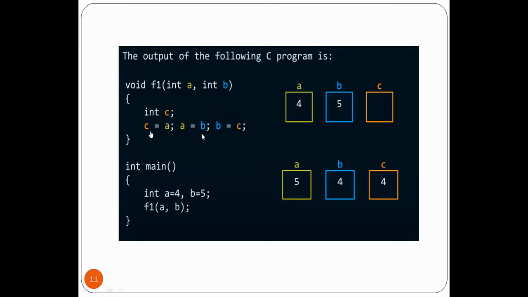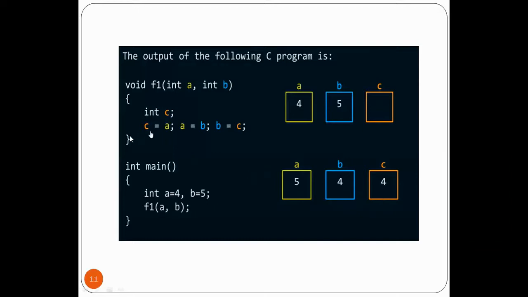We have 5 in b. We will copy this 5 in a. So now we have 5 in a. And then we copy the value of c to b. We have 4 in c, so we will copy 4 in b. So at the end of this program, what will happen? We will have a 5, b 4, and c 4.